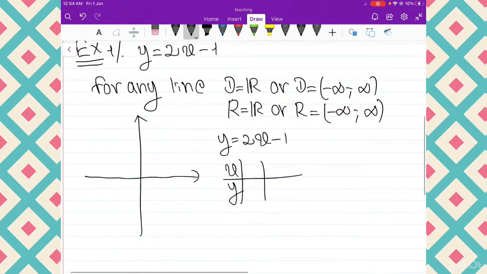If x is equal to 0, y equal to minus 1, and if y equal to 0, x is equal to half. So let me sketch this really quick. Minus 1 here and half here.